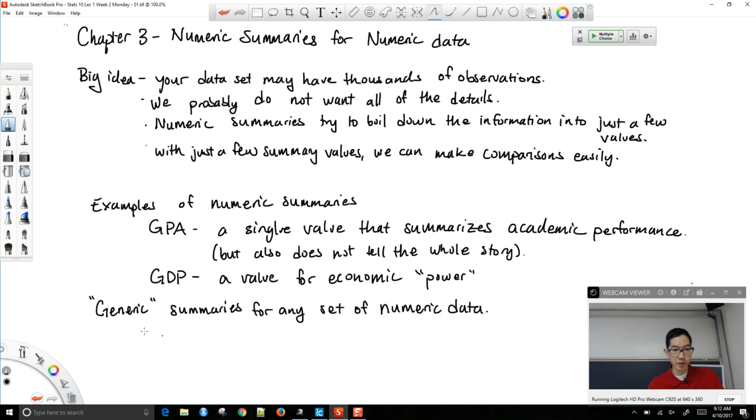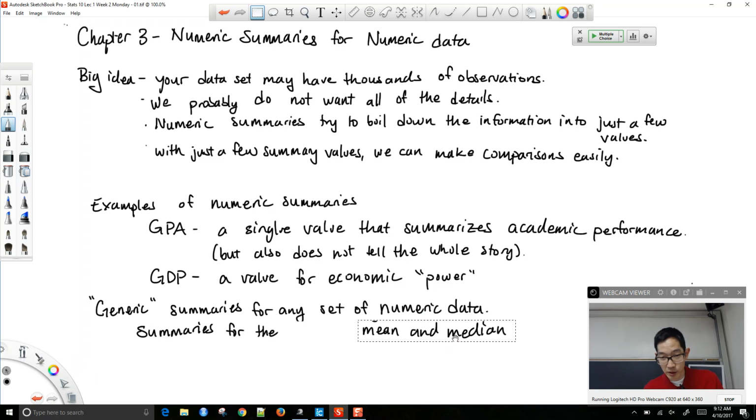Okay, so we have summaries for the center, which are the mean and median. I apologize.